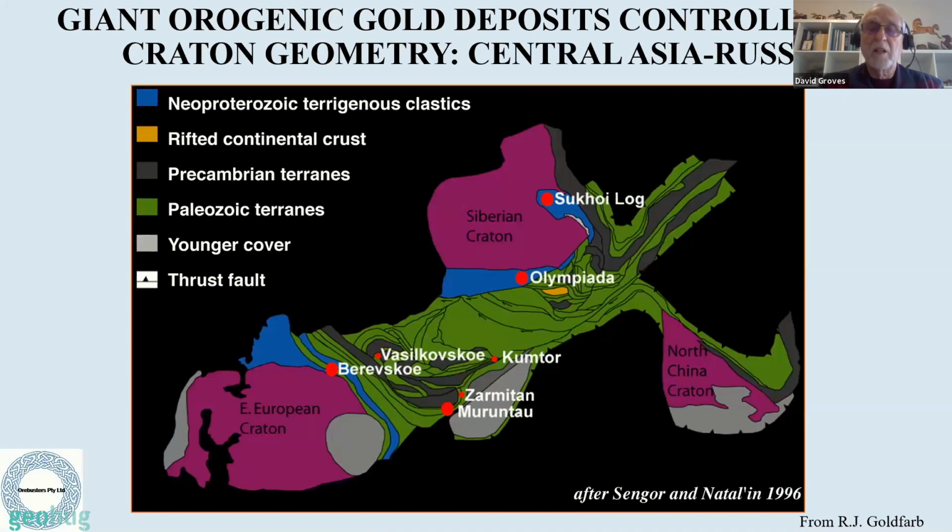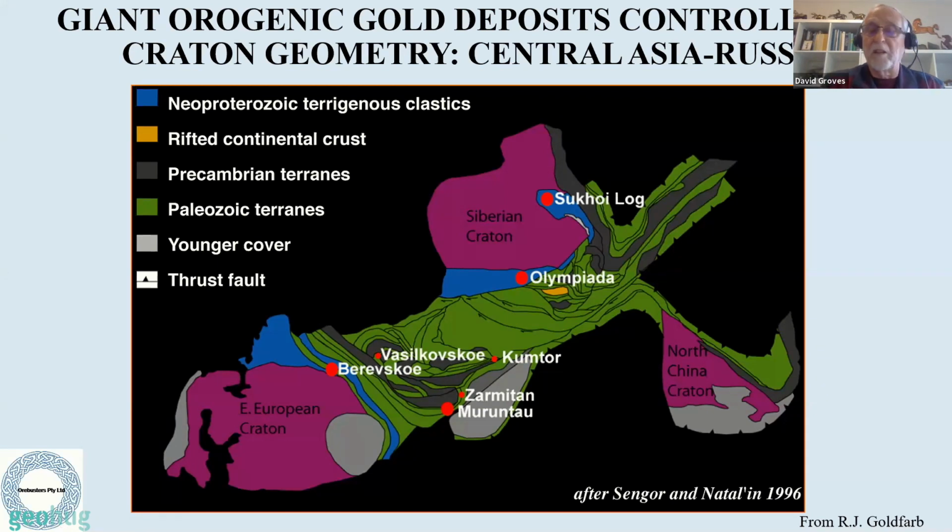There's a slide from Rich Goldfarb. And again, I think you can see here that there are very large deposits, like Muruntau, which is the largest orogenic gold deposit. These are all significant deposits. Sukhoi Log and Limpiardia are the two potentially largest in Russia. And you can see they're sitting where my professor, Carey, would have called oroclinal bends, where you've got a craton here near Muruntau.